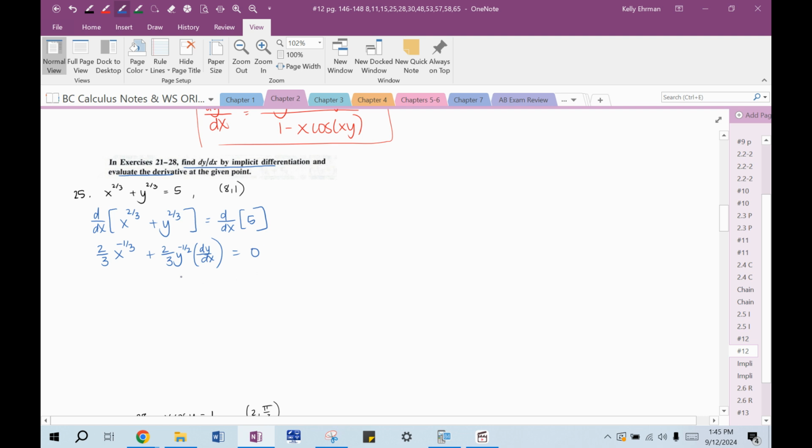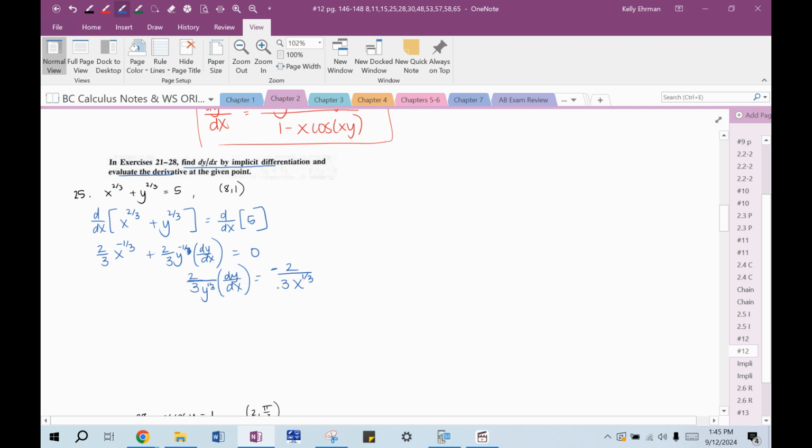Okay, I need to get this dy dx by itself. So I'm going to leave it on this side. I guess I could rewrite my exponents. So this is 2 over 3y to the 1/3 times dy dx equals negative 2 over 3x to the 1/3.